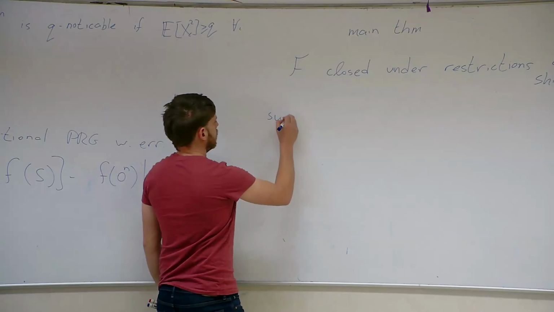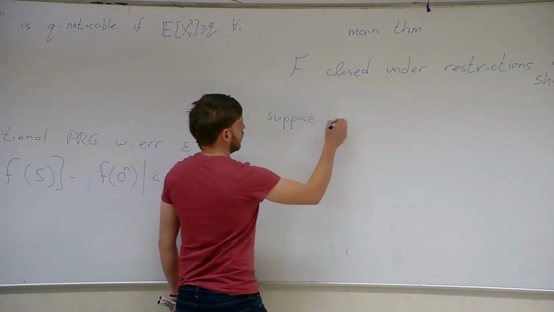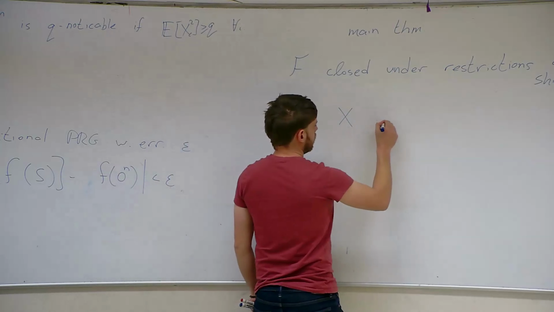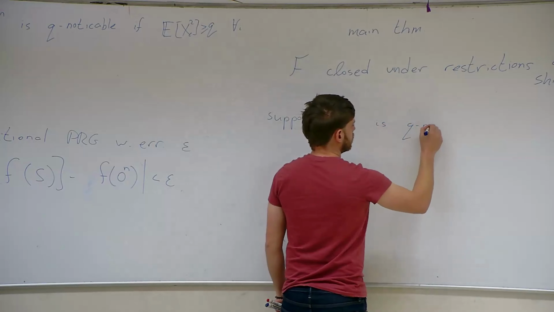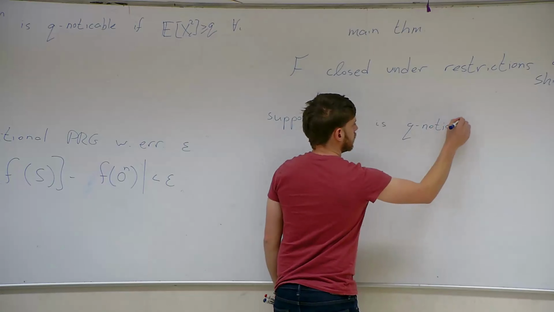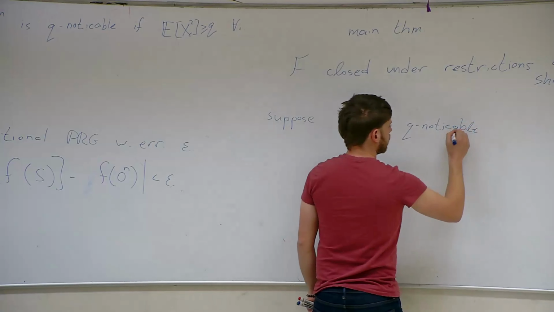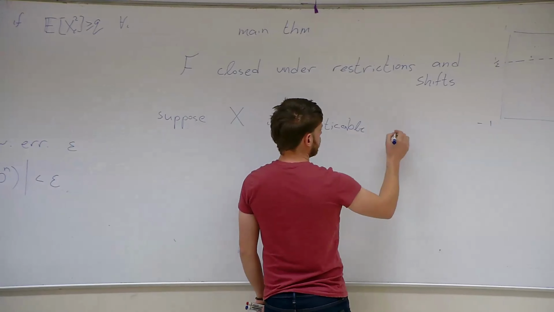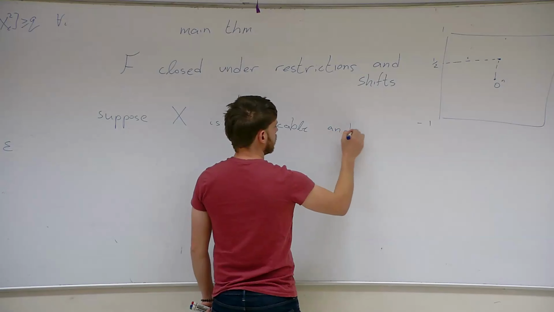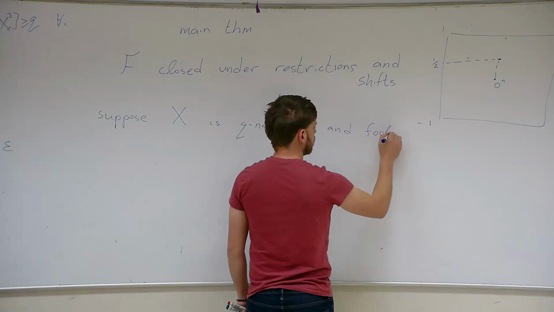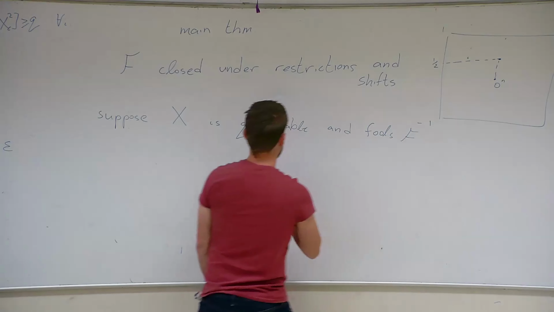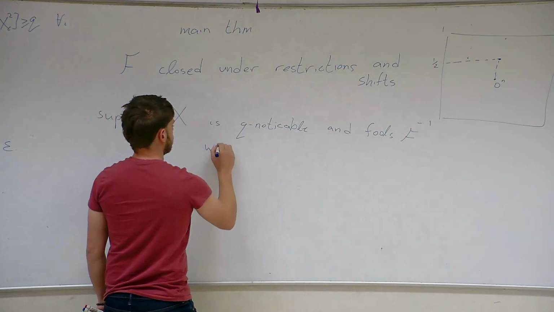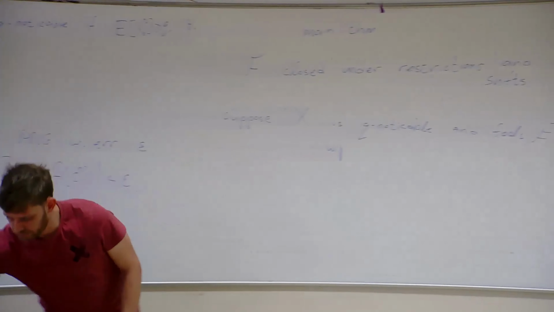And suppose X is q noticeable and fools F with error epsilon.